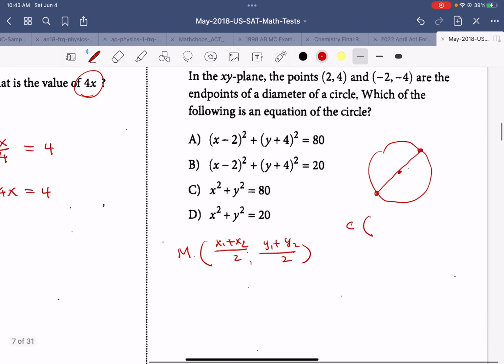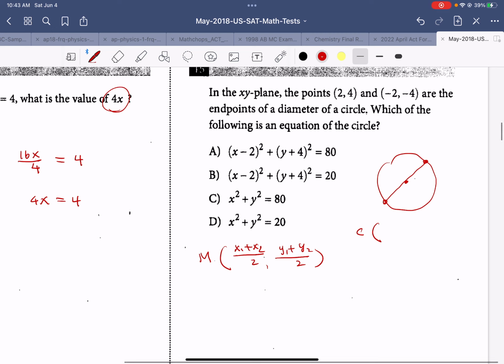And another formula you need to know in these questions is the circle equation. Let's say the center is h and k and the radius is r.